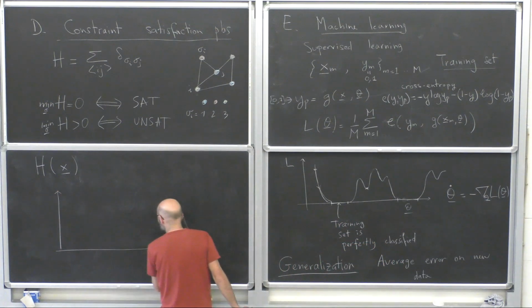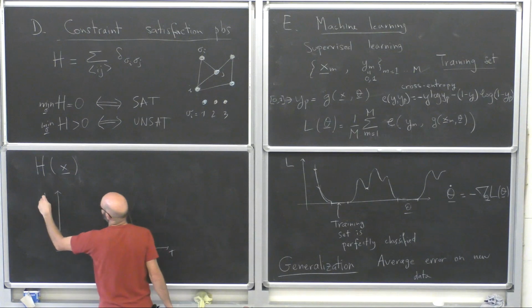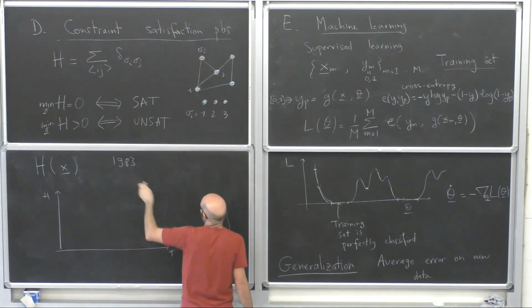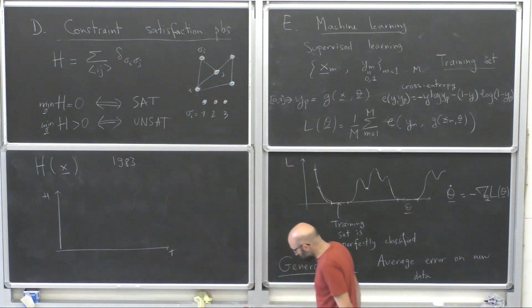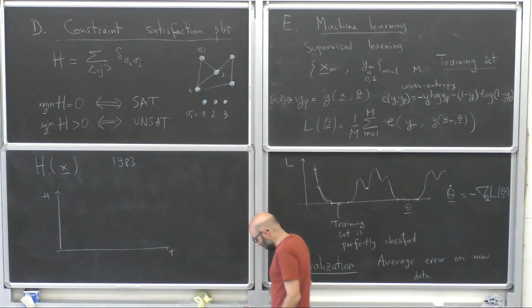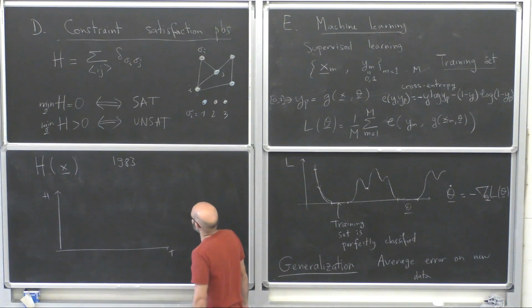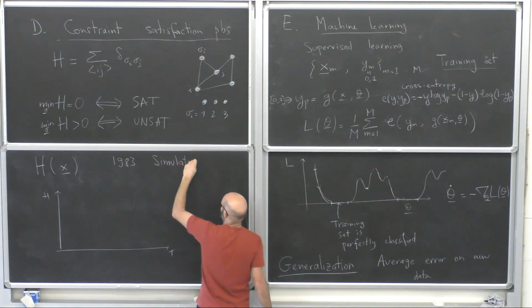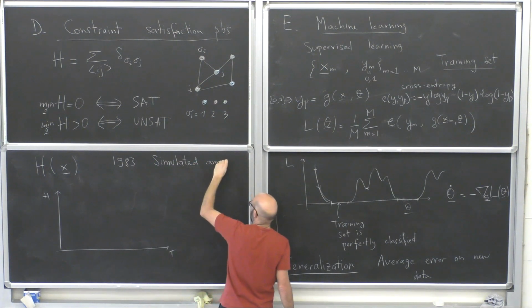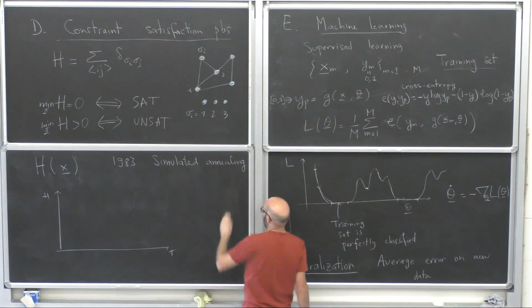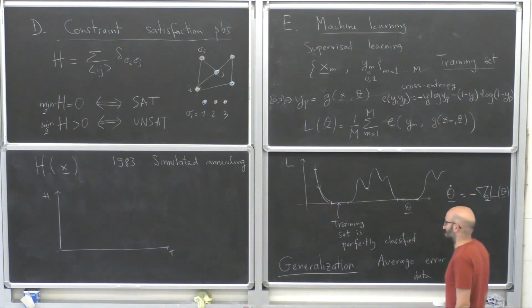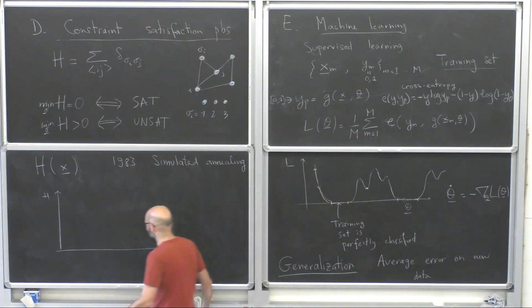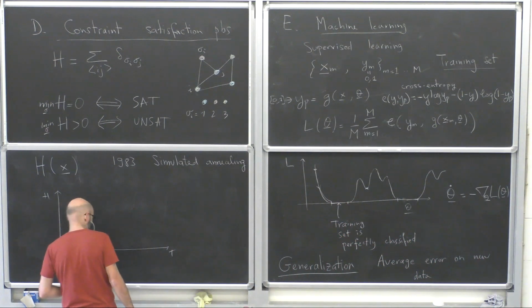And so what people did in 1983, there is a paper by Kirkpatrick, Gelatt and Vecchi, I think, that introduced the idea of simulated annealing. It's a paper that has, I don't know, 10,000 citations for what it matters. But anyway, it had a huge impact on the field.